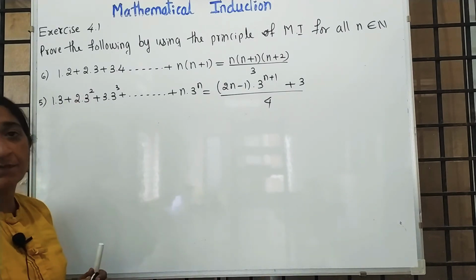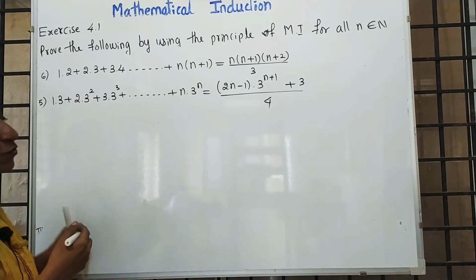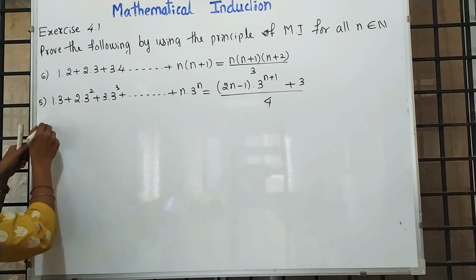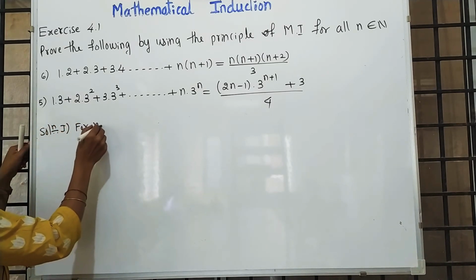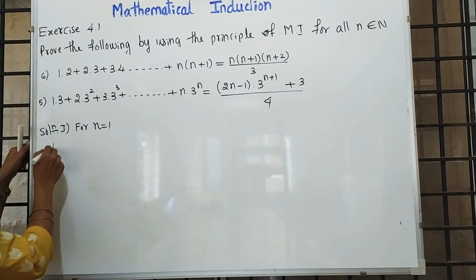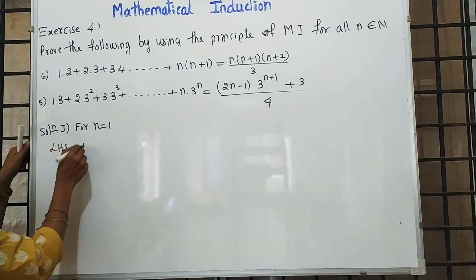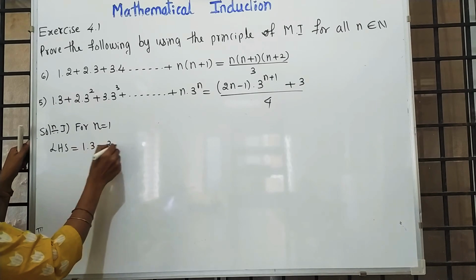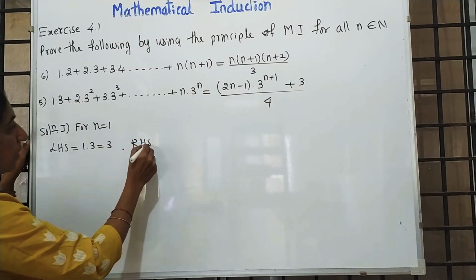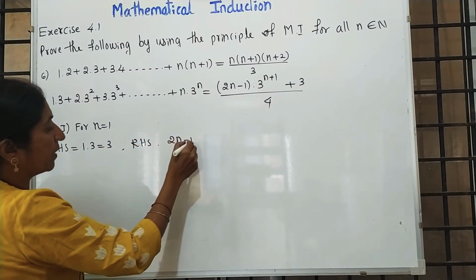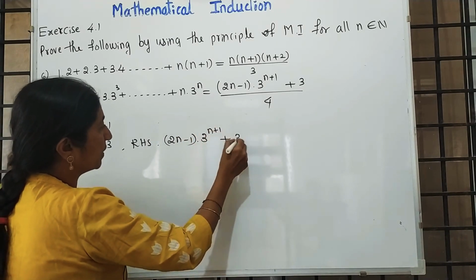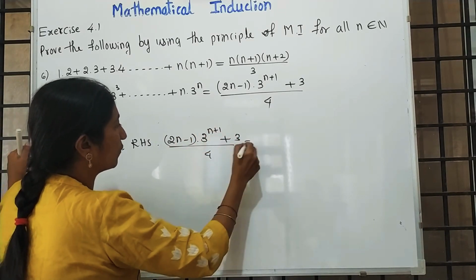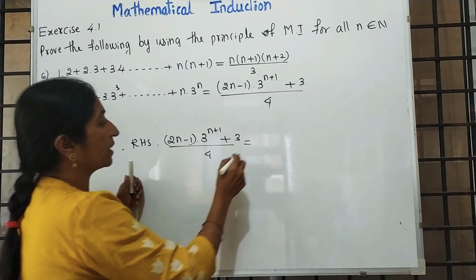In the first step, we have to prove that the result is true for n is equal to 1. For n is equal to 1, see what is the left side? It is 1 into 3 is 3. What is the right side? 2n minus 1 into 3 raised to n plus 1 plus 3 divided by 4. Wherever n is there, we are replacing it by 1.